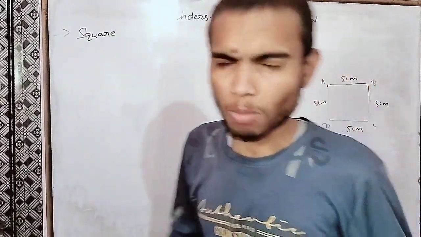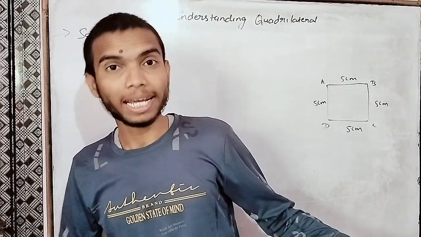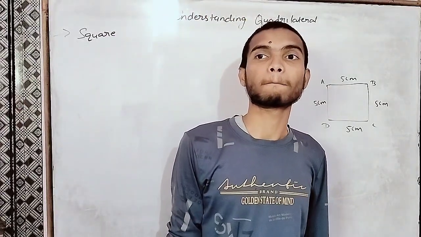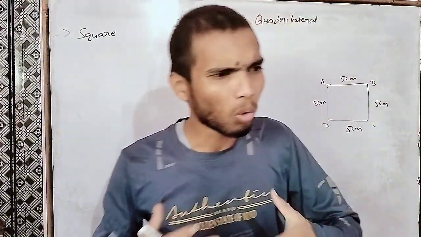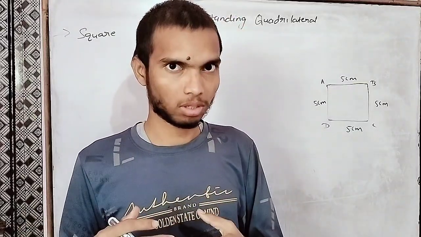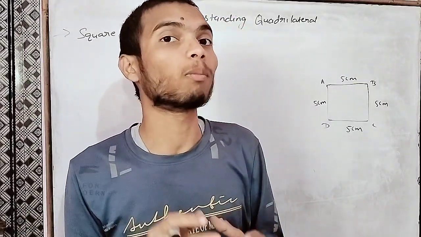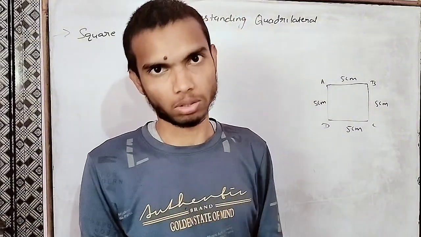But in the case of a rhombus, we saw that the interior angles were not equal to each other.